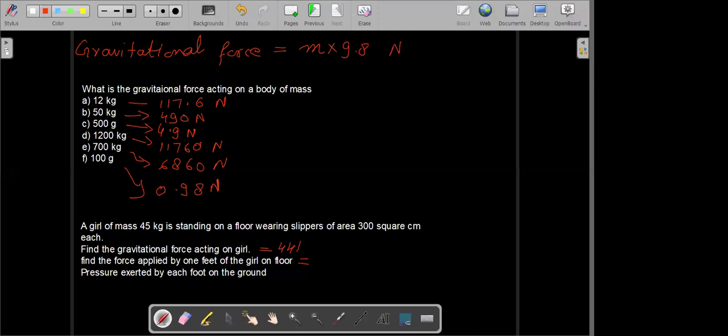Okay, is there anyone who is not getting anything or finding difficulty? Sir, is the area of the slippers 300 square centimeters for each one or total?